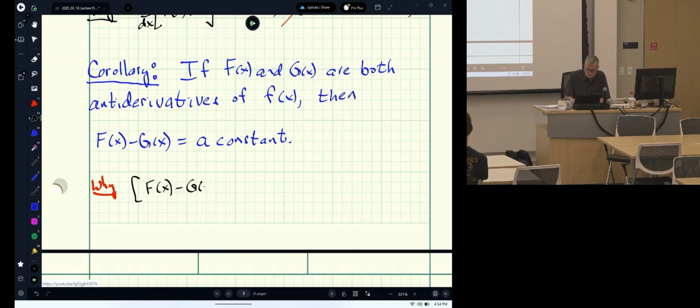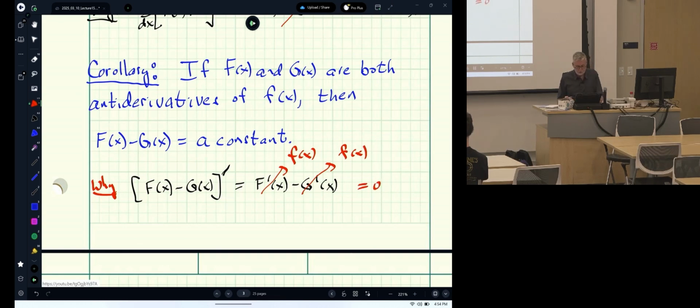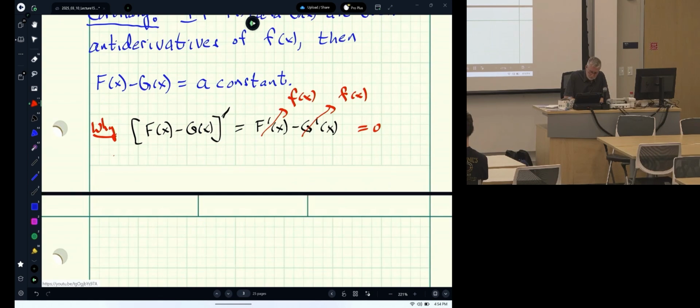If I differentiate F minus G, I get F prime minus G prime. Both are antiderivatives of little f, so that's 0. And then if I put a constant, that's pretty much it.